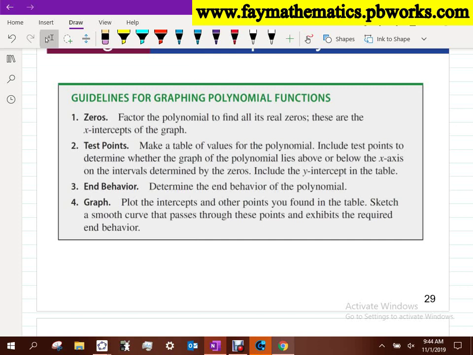Okay, end behavior, we've already talked about that. That needs to be a component to our graph. Once we have all that data, all that information, we throw it all together on a graph, and hopefully we then get a comprehensive picture. But again, because we had to use test points, and we don't know the calculus yet to allow us to find the best points to use, this is still going to be kind of fuzzy.